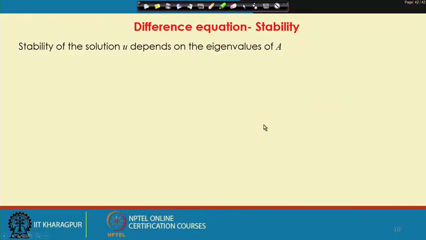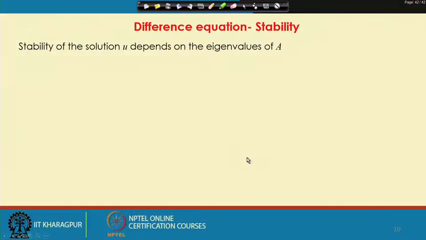And stability of the solution u: will it be stable, will it go to a smaller value, will it be within a particular range, or will it be unstable and blow up to an infinitely large value?